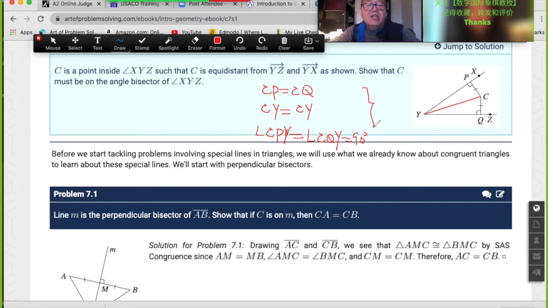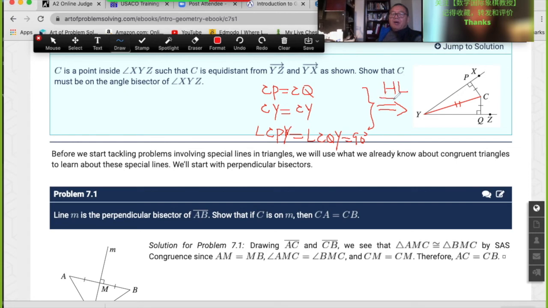Then what theorem can you use to prove these 2 triangles are congruent? You have CP equals CQ, CY is shared, and this angle equals 90 degrees. So you can use HL.